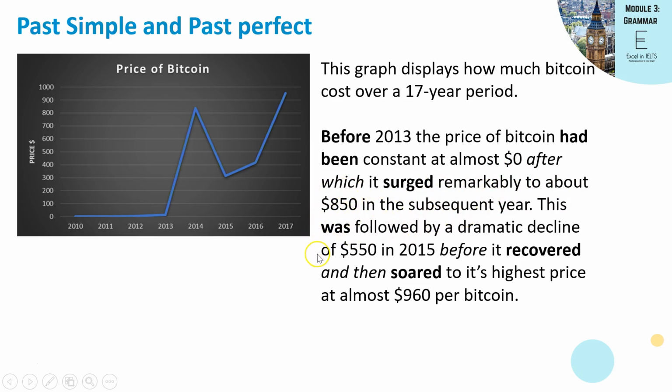This was followed by a dramatic decline of $550 in 2015 before it recovered and then soared to its highest price at almost $960 per Bitcoin. As you can see, I've used one sentence in the past perfect, which is this one over here.